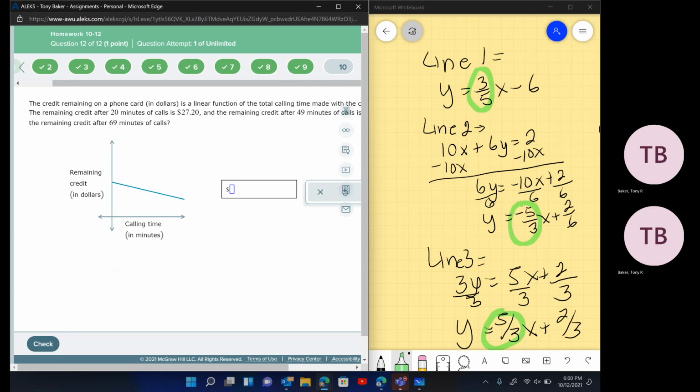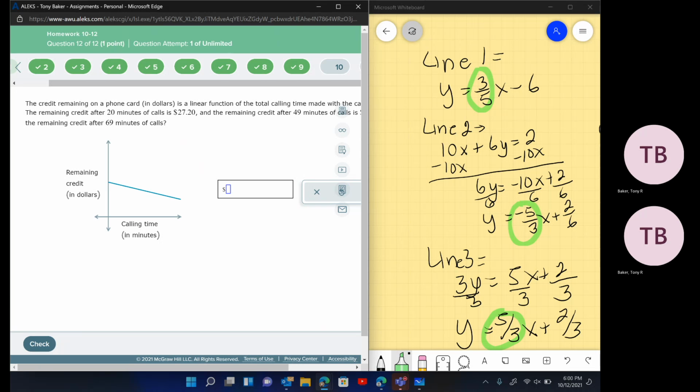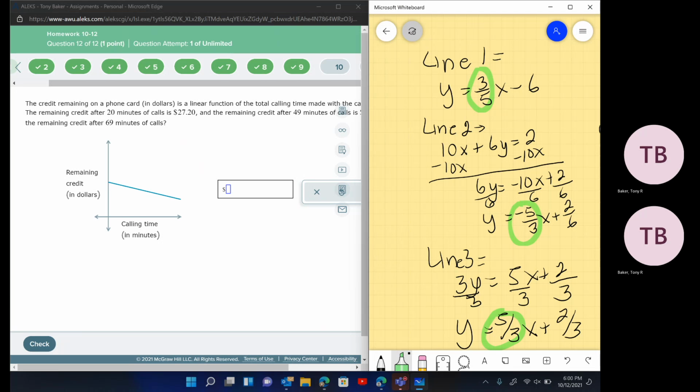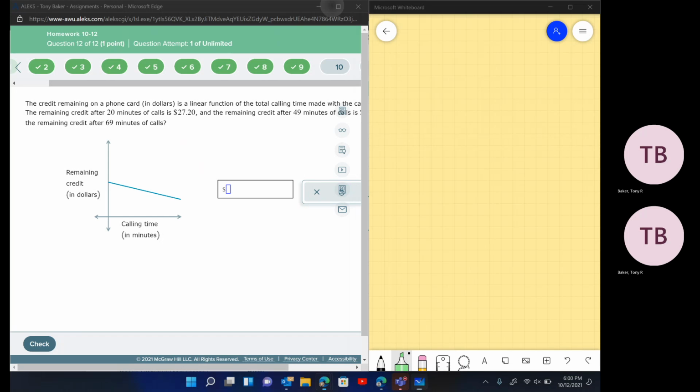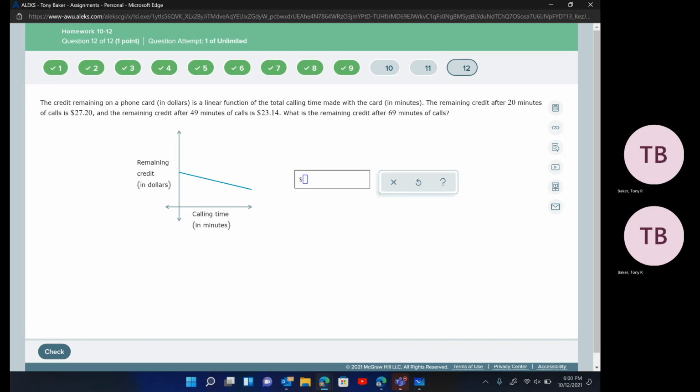Okay, so actually, I'm going to copy this work problem.